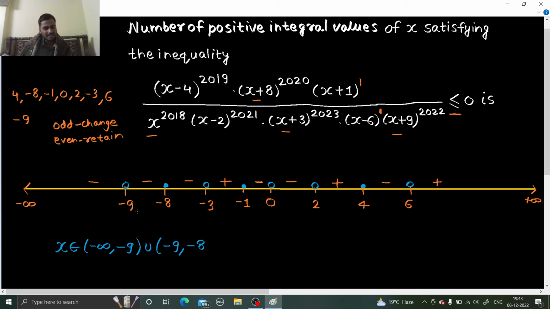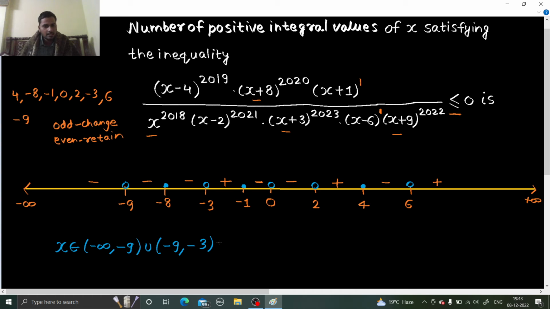And because there are all the points from -9 all the way to -3, let's write them together. So -9 not included, all the way till -3, because -8 is included.